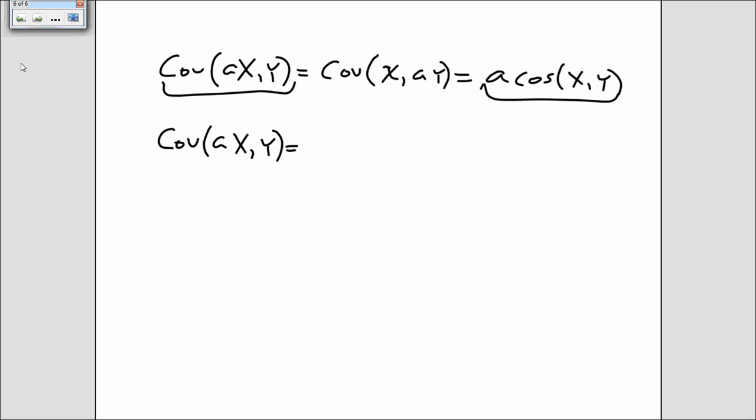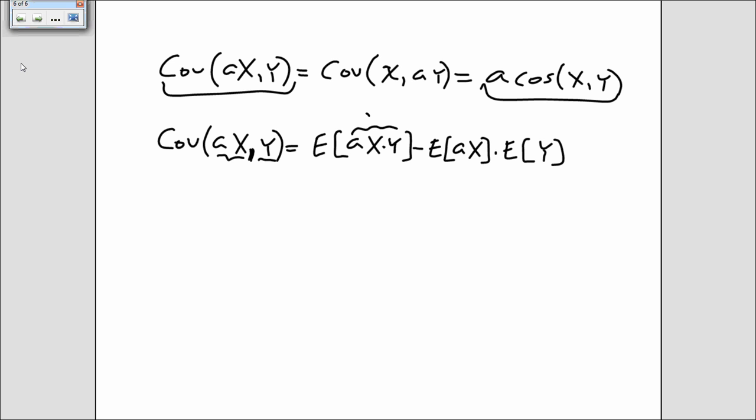Well, by definition, it's the expected value of, I call this the first and that the second, the first and second separated by a comma, the expected value of the first times the second, minus the expected value of the first times the expected value of the second. Now, what's in here is just A times XY.